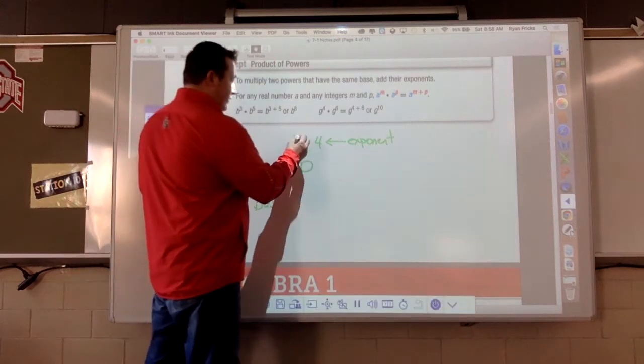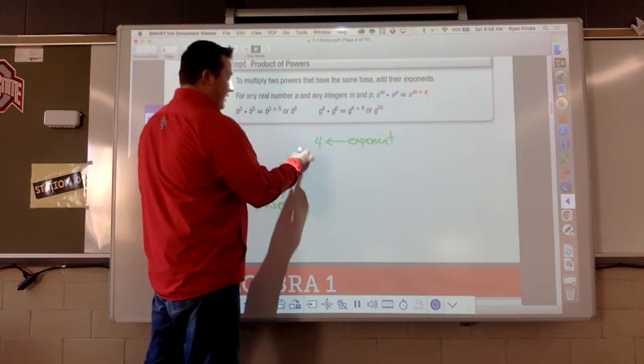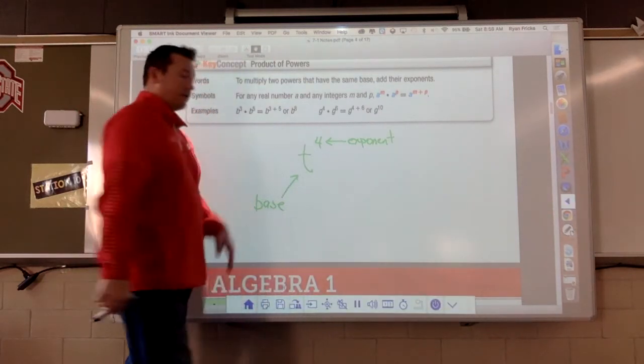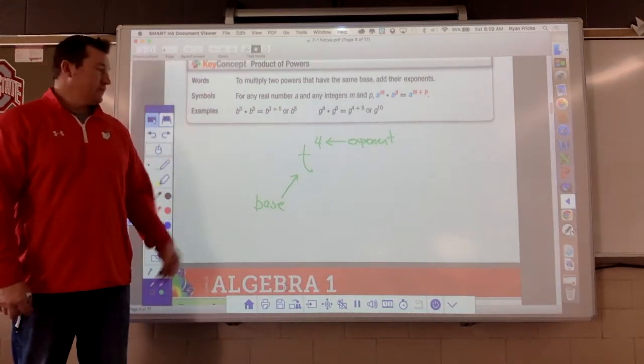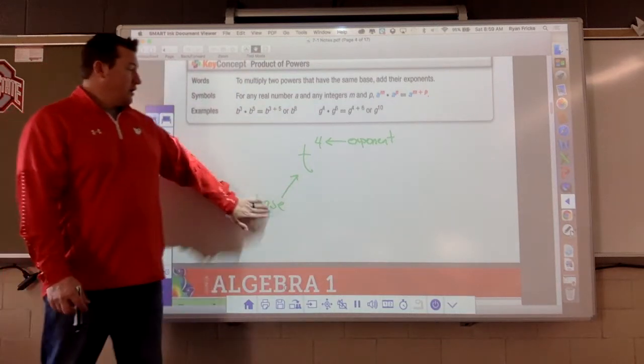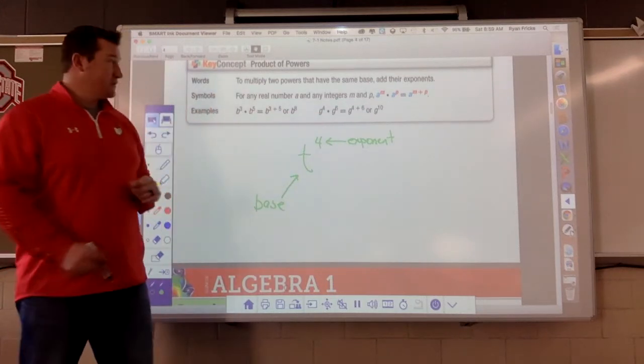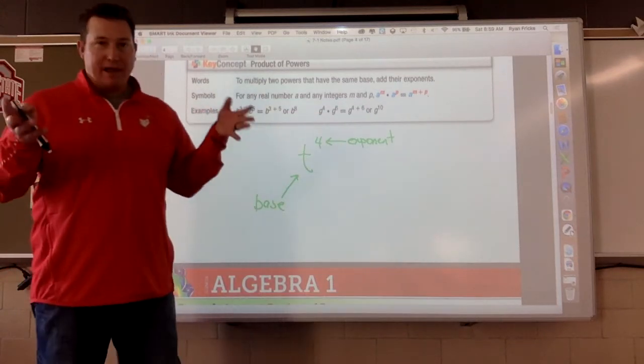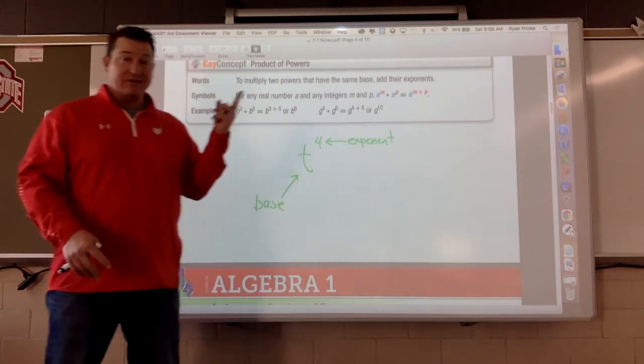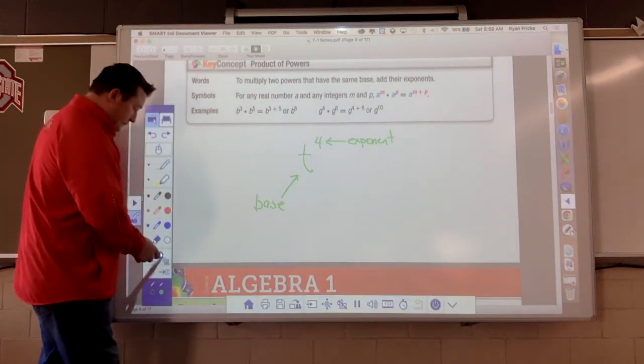Probably not a good idea to use b. Watch this. You guys are all mad now because you have to erase and put a t there. Okay? T is the base. Could have had an x there. Okay? Keep the base, add the exponents. That's what product rule says. Again, we have about 4 main rules we are going to deal with. This is our first one. Okay? All right.